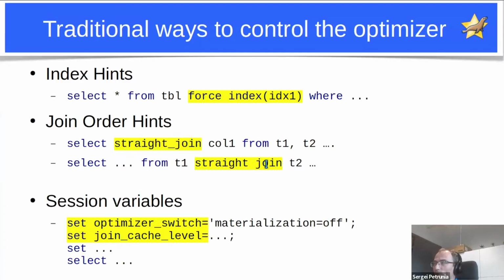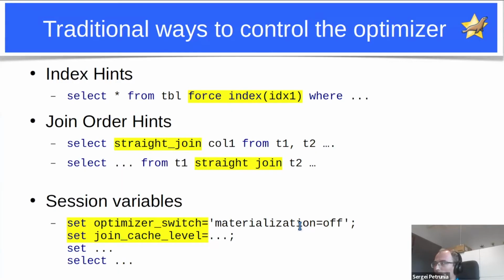You also had global settings, like session variables, the most important being optimizer_switch, where you could turn individual optimizations on and off. That, however, lacked precision, because if you turned an optimization off, it was turned off for all places in your query.